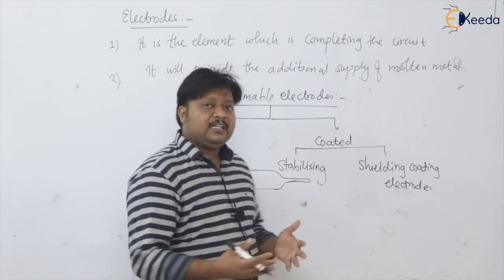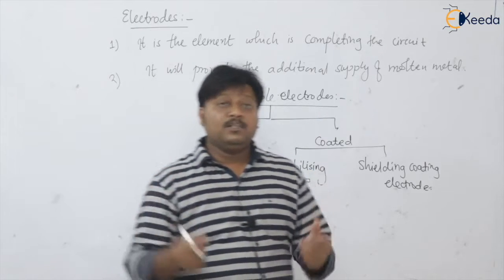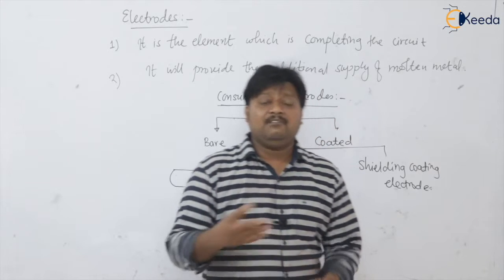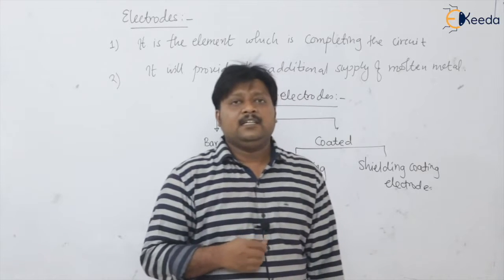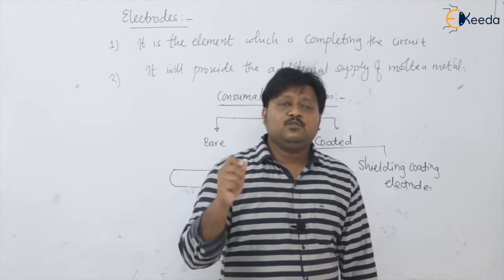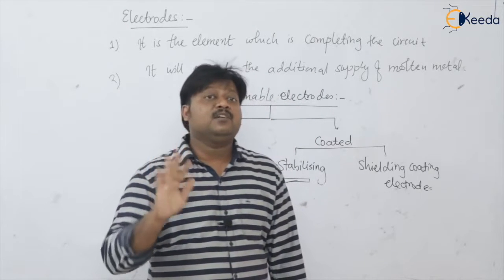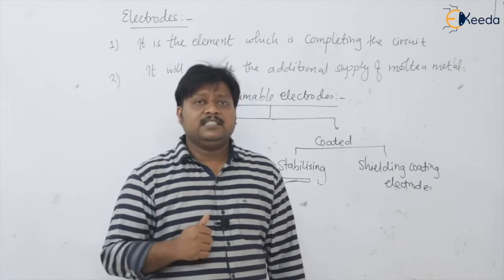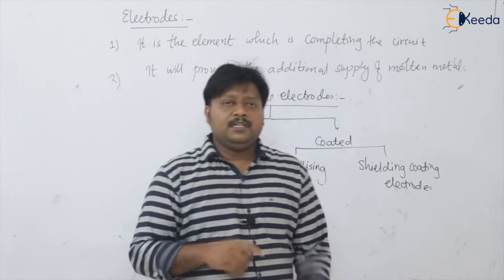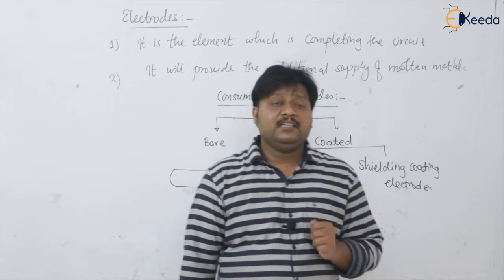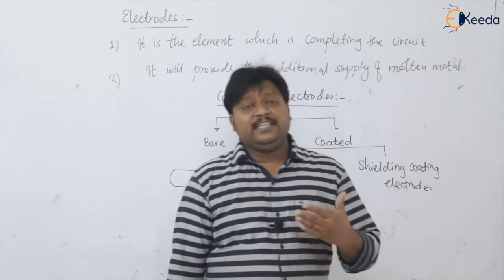In addition to that, what this coating is going to provide us as an advantage is definitely the arc stabilization. The arc is going to get stable. We will discuss what is meant by arc blow in the next videos, but arc stabilization we can get from the coatings.